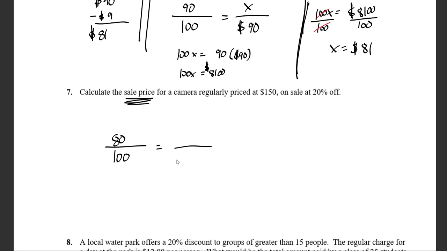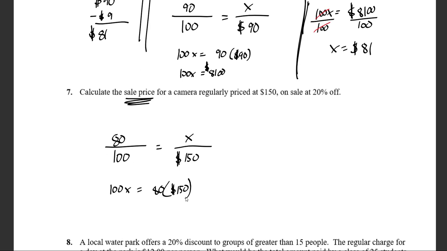The regular price, the whole in our part versus whole, is 150, and I'm looking for the smaller part that I have to pay when it's on sale. So 100x is equal to 80 times 150. 80 times 150 should be 1200, I think.